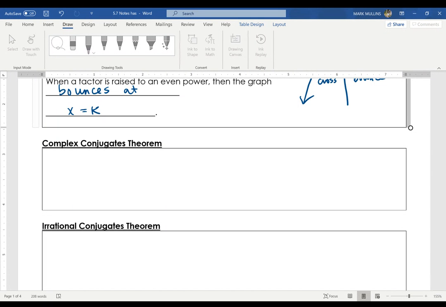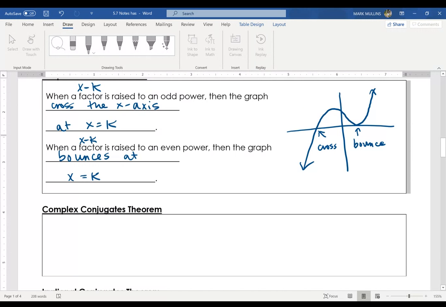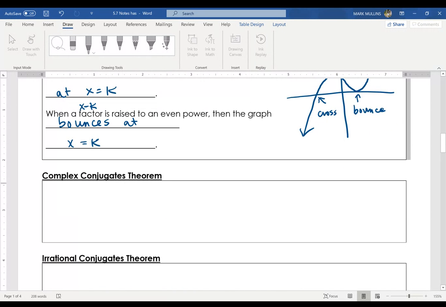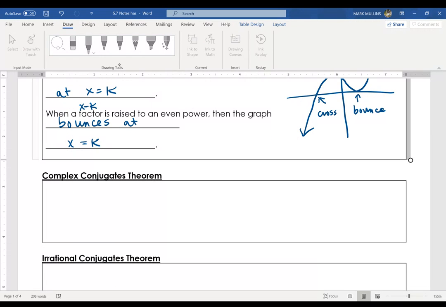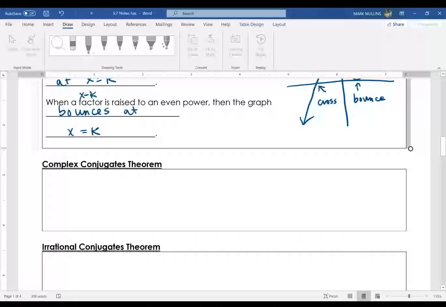So, and now it's not letting me draw, and I have no idea why. Sometimes it does this. So I'm going to go ahead and read it out loud for now.